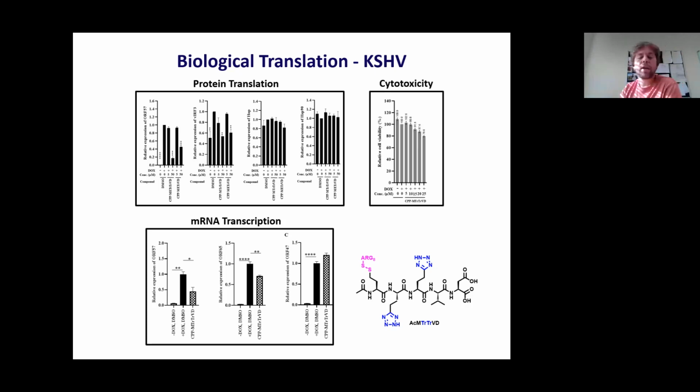Importantly, they were also not particularly cytotoxic: 79% cell viability at 25 micromolar. It's not what one would consider particularly cytotoxic. So we have what look like non-cytotoxic inhibitors of Kaposi sarcoma herpesvirus replication.